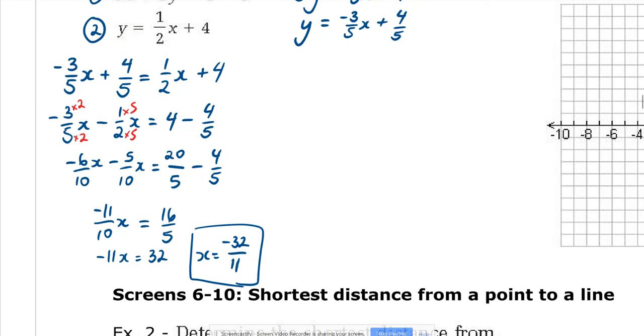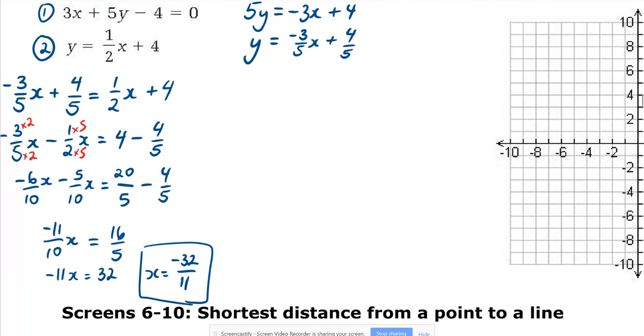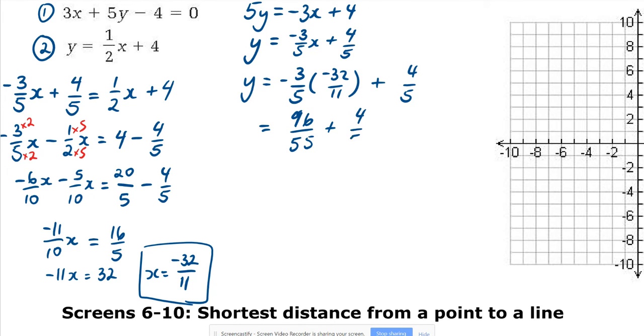Now, to find the y variable, I go back up to the equation I have up here, and I substitute my x and solve. So negative 3 over 5x, which is now negative 32 over 11, plus 4 over 5. And if I multiply out these fractions, I have positive 96 over 55 plus 4 over 5. And I need a common denominator to add these two together.